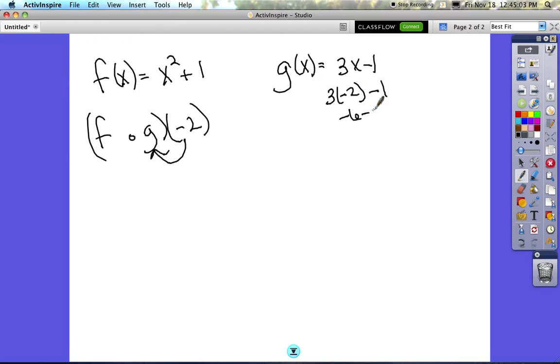That's negative 6 minus 1, which is negative 7. Now, that is my new value going into the f. So what am I going to do to that negative 7? Yep, square it. So negative 7 times negative 7 is positive 49. Thank you. Plus 1, which is 50. That's your answer.